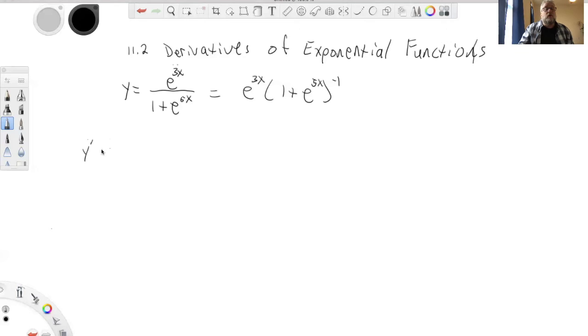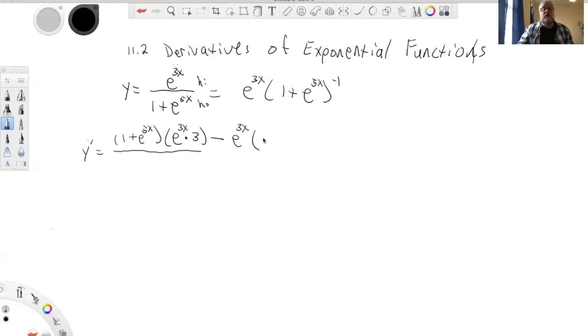So the quotient rule, so I got high over ho. So ho d high minus high d ho over ho squared. Ho d high, so e to the 3x times 3, minus high d ho, so the derivative of 1 will be 0.